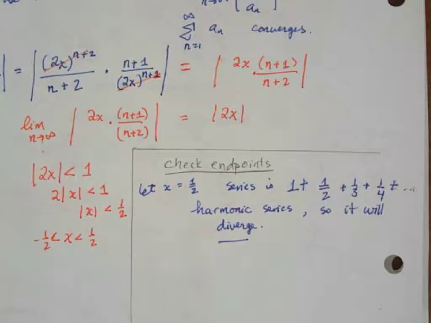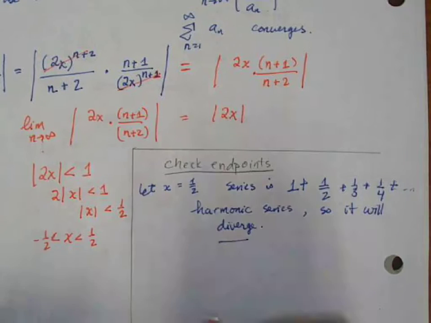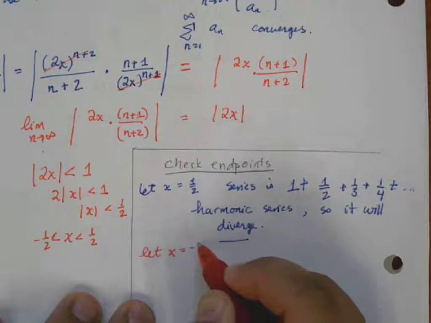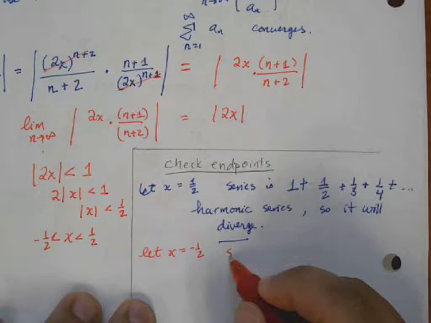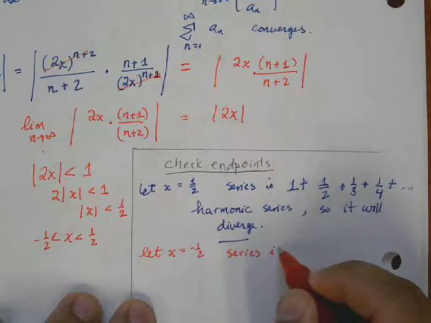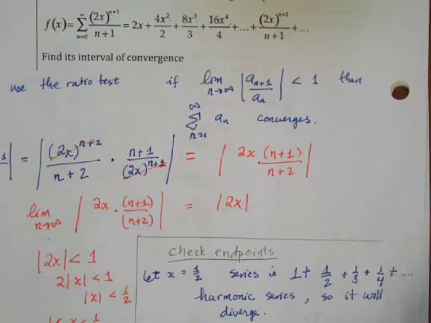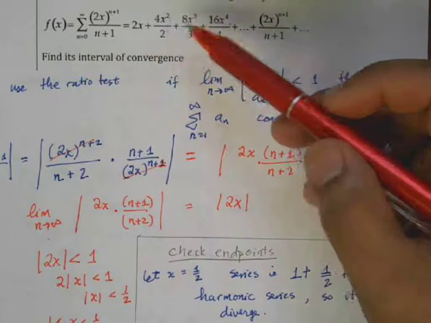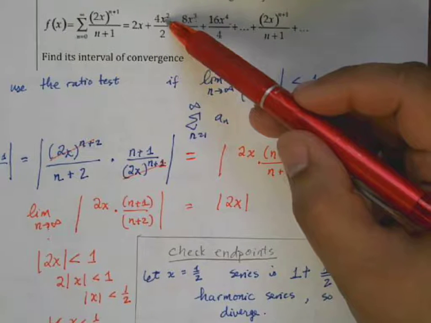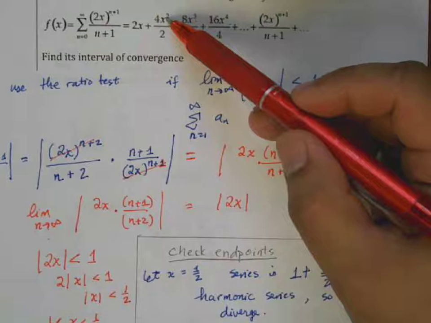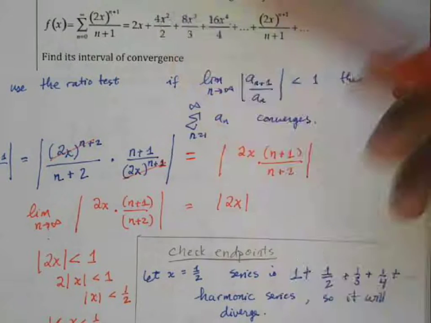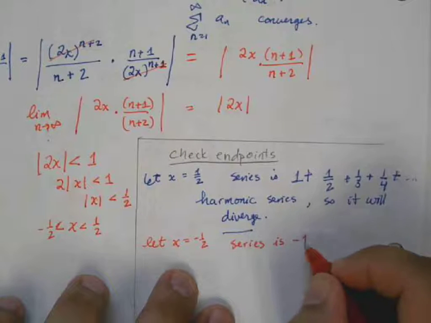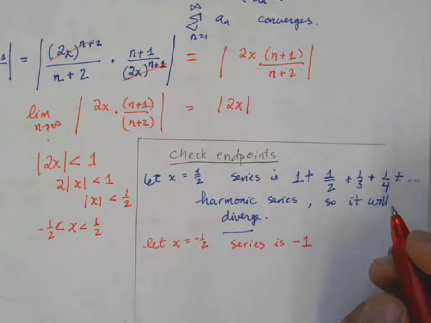Now consider what happens if we check the other endpoint. Let x equal negative 1/2. If I take negative 1/2 and plug it in, my first term is going to be negative 1. My second term is negative 1/2 squared, which is 1/4 times 4, so 1 over 2. So I'm going to list out some of the terms here: negative 1, followed by positive 1/2.